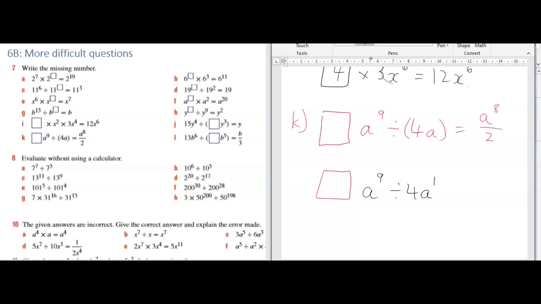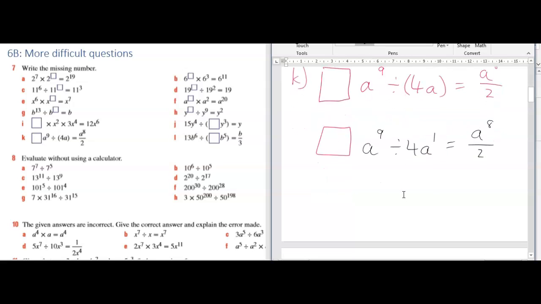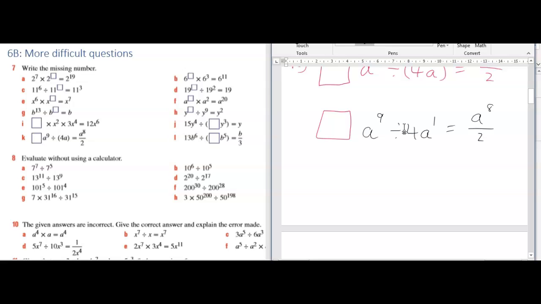Now, this bracket just means we're dividing the whole thing by 4a equals a to the power of 8 over 2. Now, it's probably easier not to leave this as a division. It's easier to write it as a fraction.